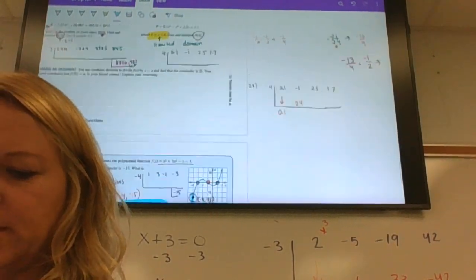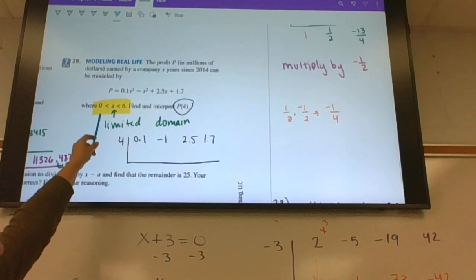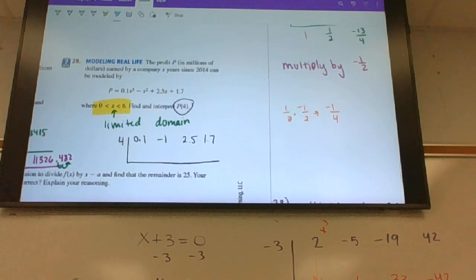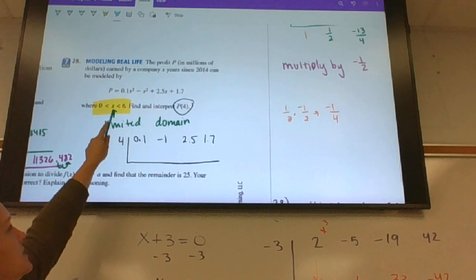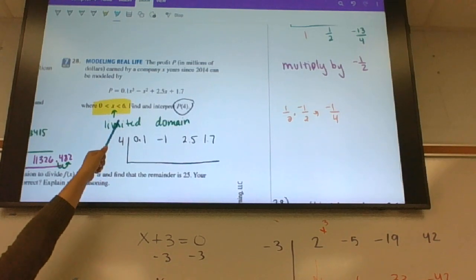Oh, I just wanted to talk about this. So many students got kind of lost in why they showed this. Don't worry about it. This just means that it only worked for 6 years. So it's a limited domain, x years since 2014. This pretty much states that after 2020, this is not the business model anymore. The profits changed.